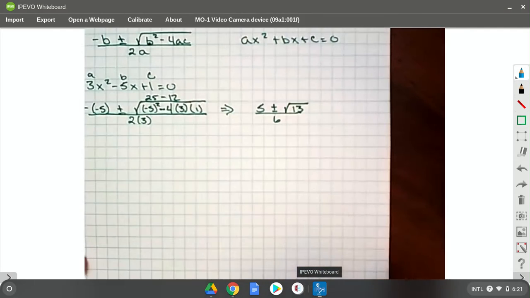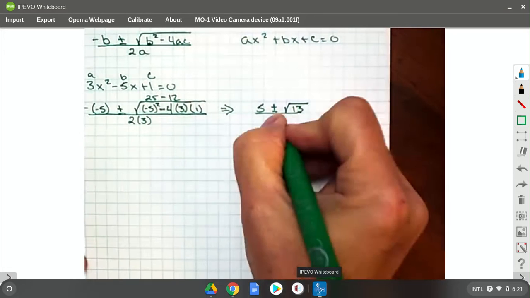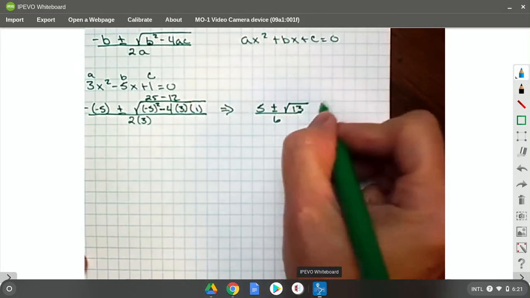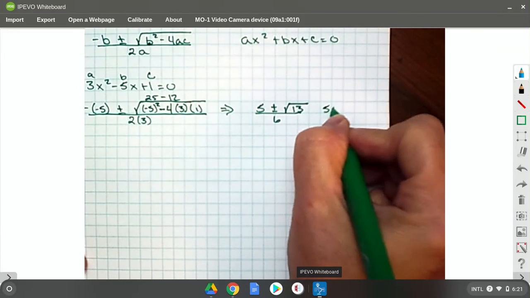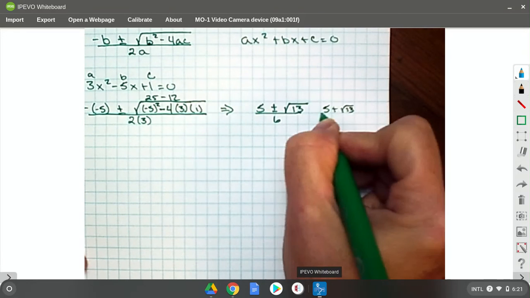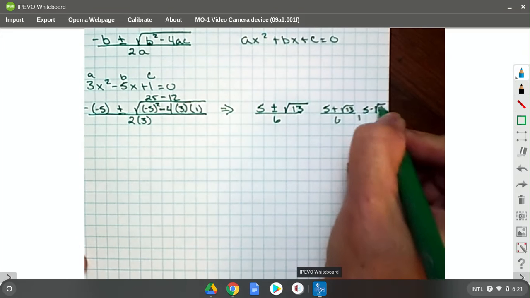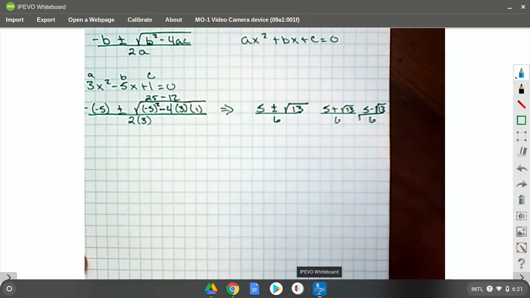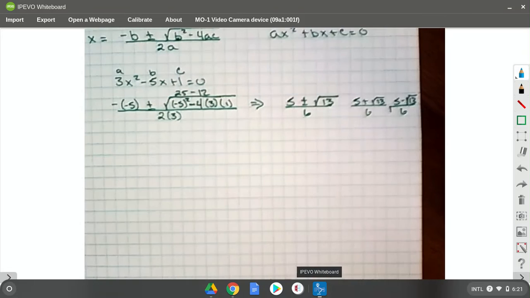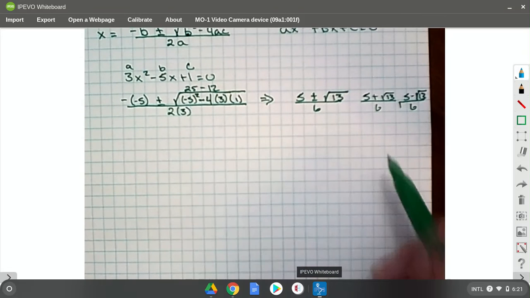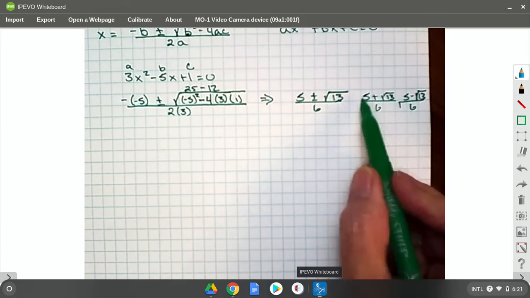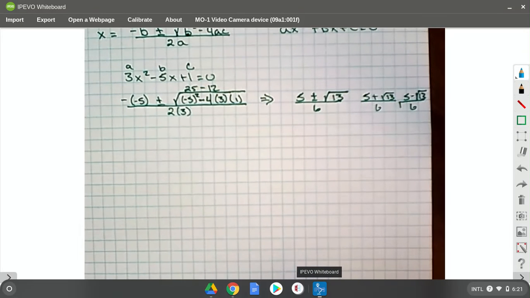And if you're taking a test, it will usually be plus or minus. Sometimes it'll be 5 plus the square root of 13 over 6, comma 5 minus the square root of 13 over 6. And don't forget, we had in previous examples where sometimes you can reduce all three. So check them and make sure.